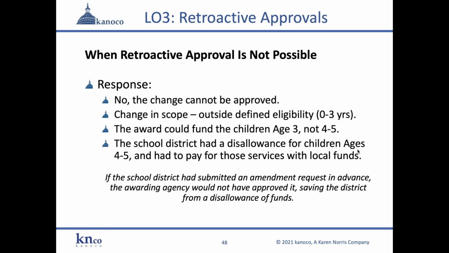So again, if the school district had submitted the amendment request in advance, the awarding agency would not have approved it, saving the district from a disallowance of funds. And maybe they would have transferred funds into some program outreach, to post on websites, or to send brochures home to families, or mailers to alert the families with children ages 0 to 3 that they had this wonderful opportunity.